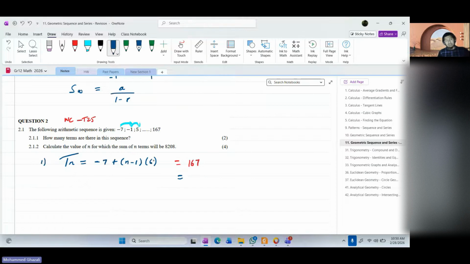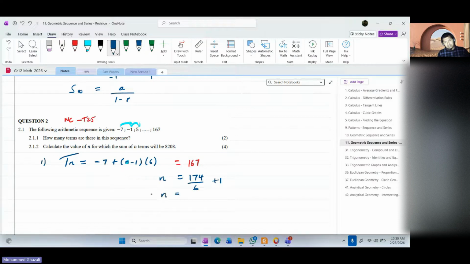Because we want to know how many terms there are, we are solving for n. So we take 167 add 7, divided by 6. So 167 plus 7 is 174. And we divide it by 6, and then we add 1. That's how you're going to get n.